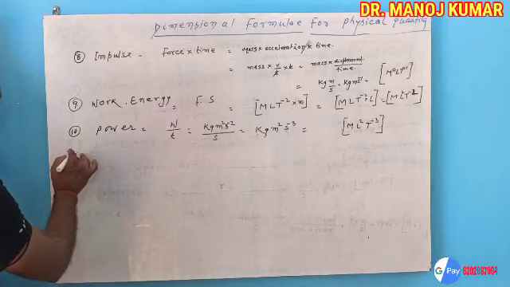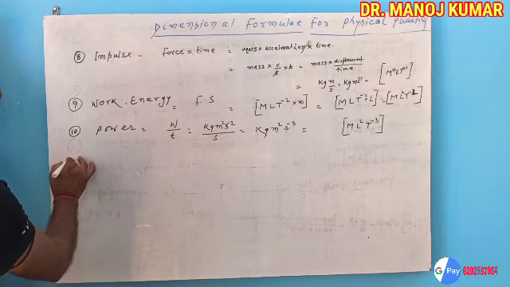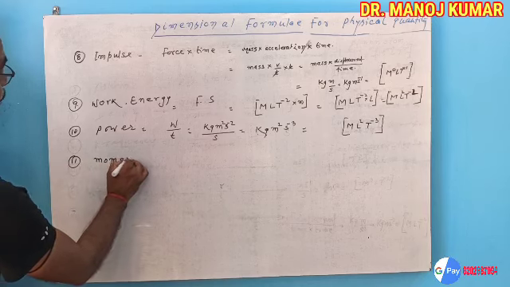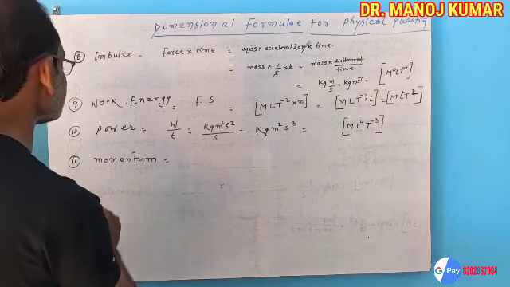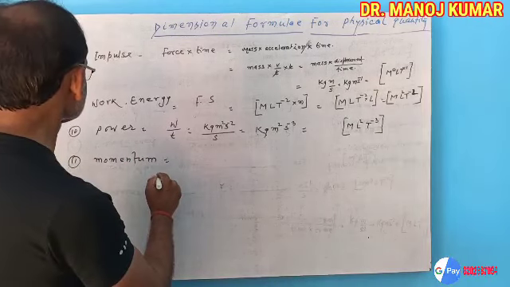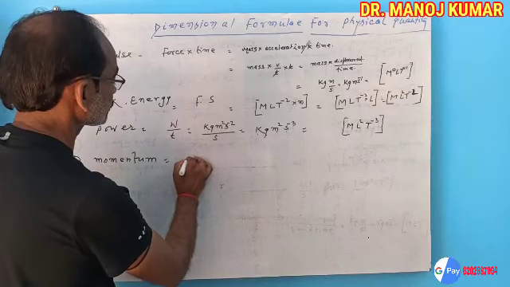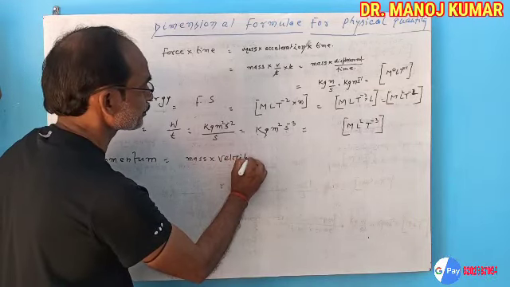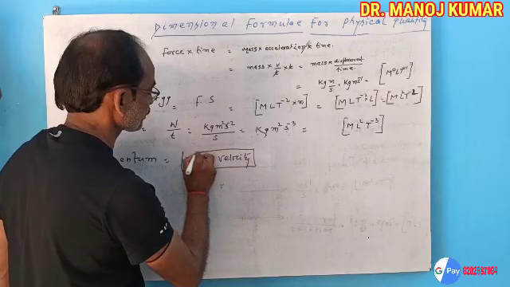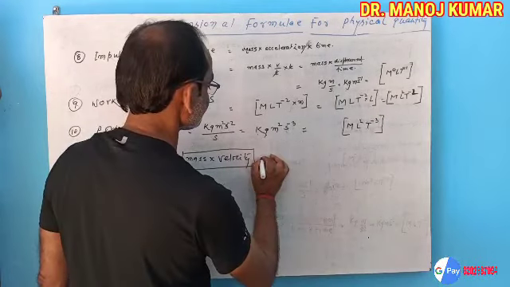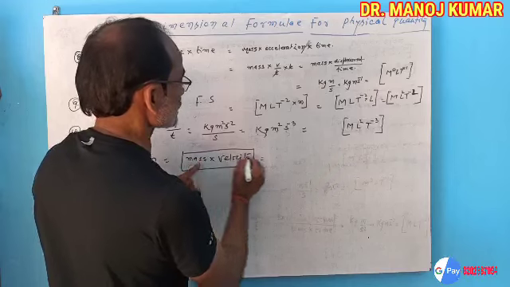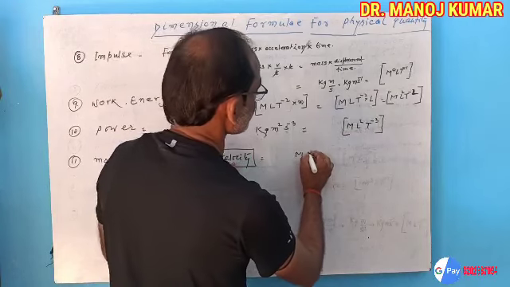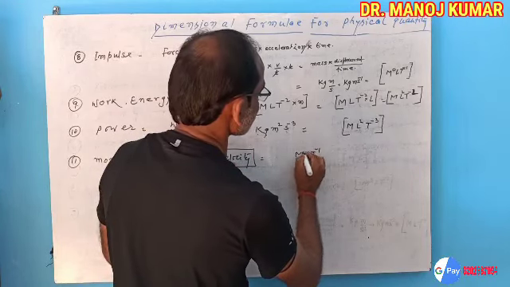Momentum, that is mass into velocity. The dimension of mass is M, dimension of velocity is L T minus 1.